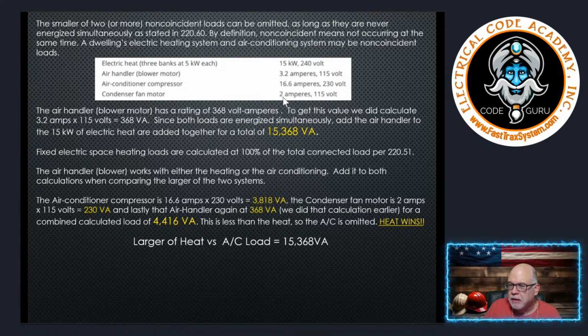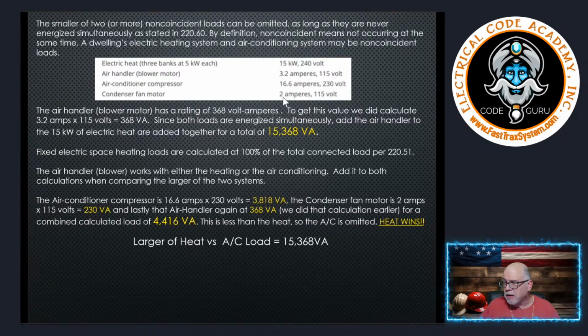Listen how we do this. 220.60 is going to say, if you're comparing these two non-coincident loads and the lesser of the two loads contains the largest motor in the dwelling, then you need to redo the calculation and take the largest motor at 125% plus the sum of the other motors associated with it, and then compare that to the heat and see if it overtakes the heat. Well, in our case, it ain't gonna come close. But in the 2020 and 2023, you have to go through that little exercise.